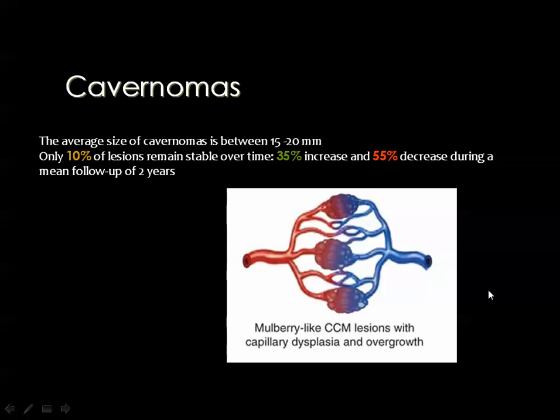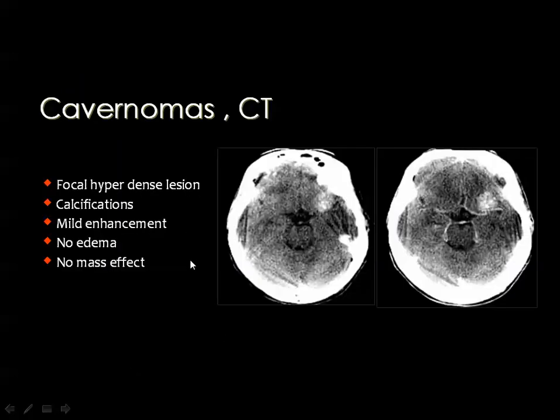Then 10% of the lesions will remain stable over time, 35% will increase, and 55% may decrease on the follow-up scans. And you should know that the usual size of this cavernoma is between 1.5 centimeter up to 2 centimeter. However, some of the cavernomas may be larger than this. Okay, then the cavernoma will appear on the CT scan as a focal hyperdense lesion in the pre-contrast scan.